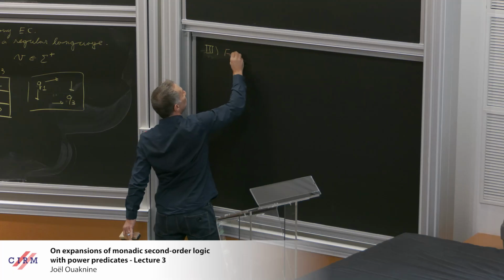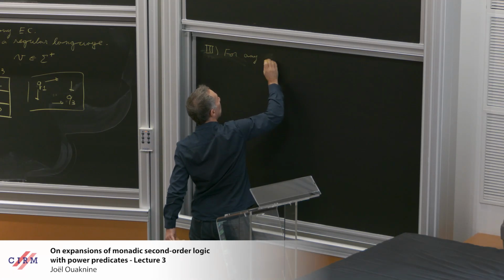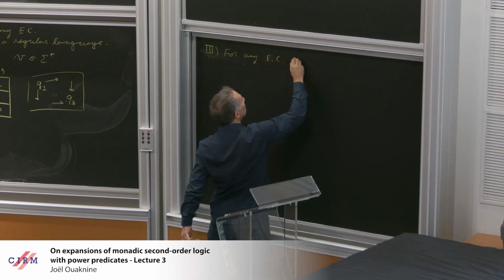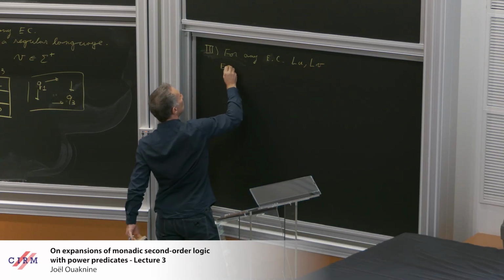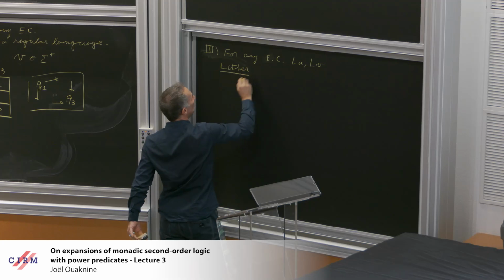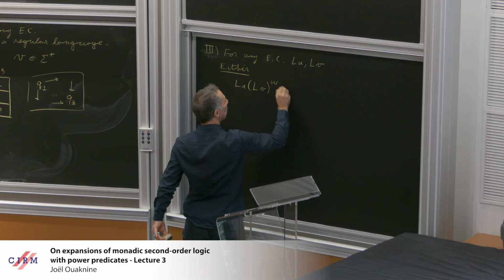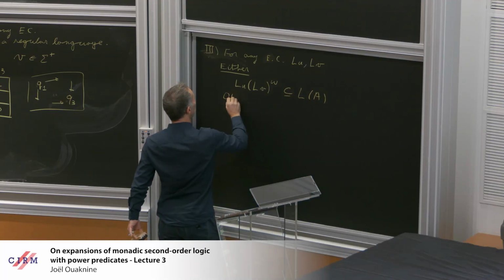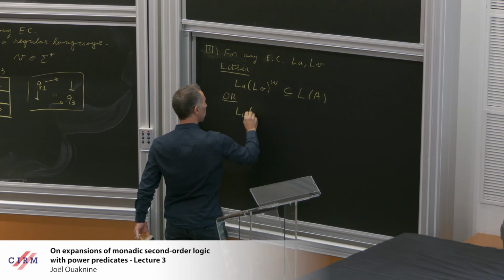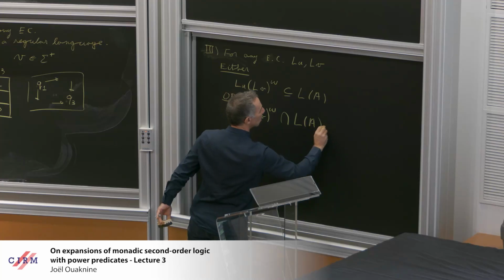For any equivalence class LU and LV, either LU LV to the omega is a subset of L of A, or LU LV to the omega intersection L of A is empty.